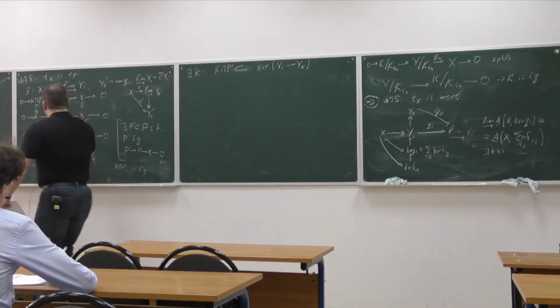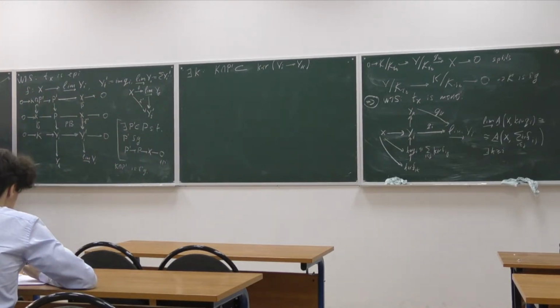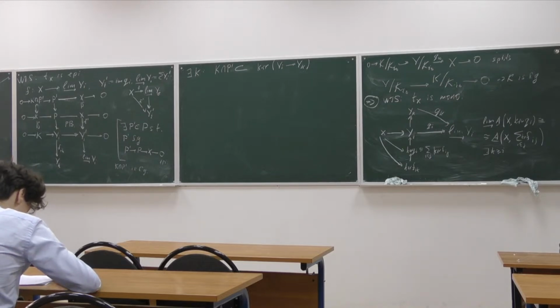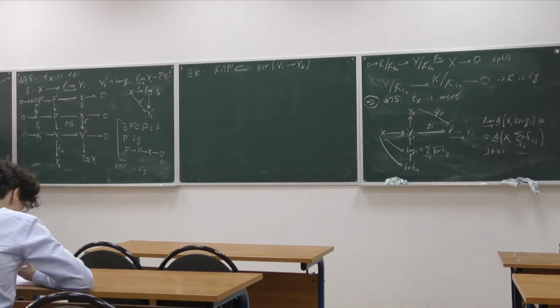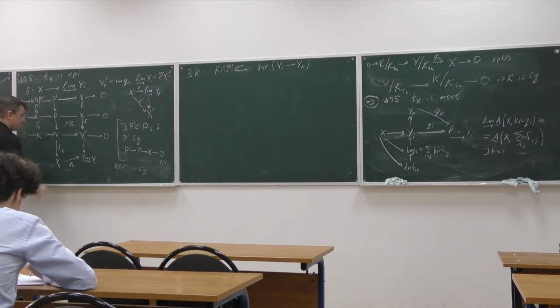So by choosing this index k, I get a map here to y sub k. This is fik. Of course here we still have the same map, q sub k.